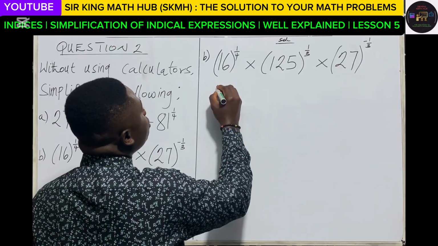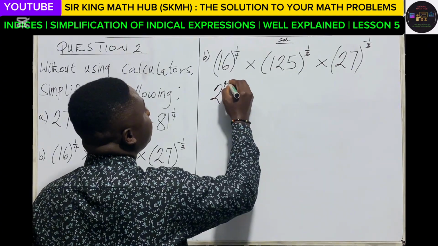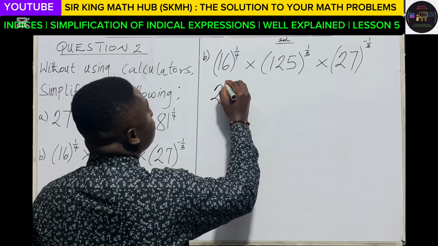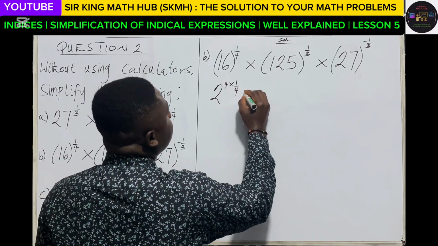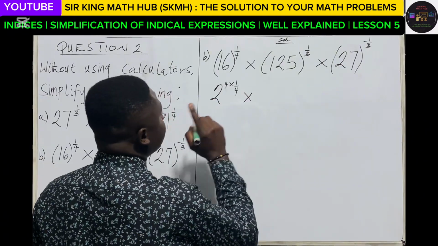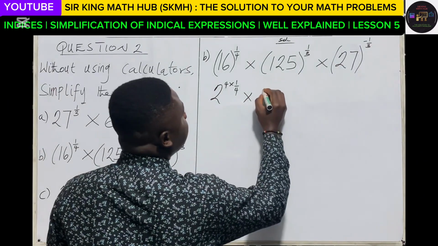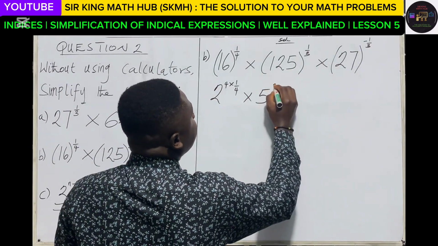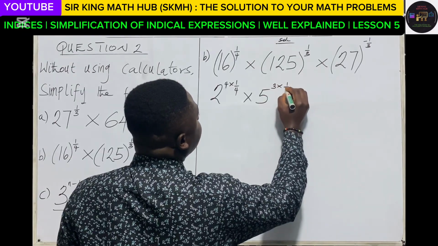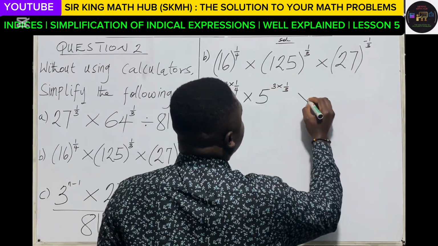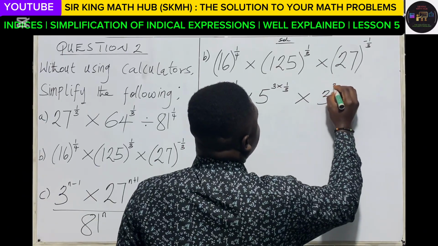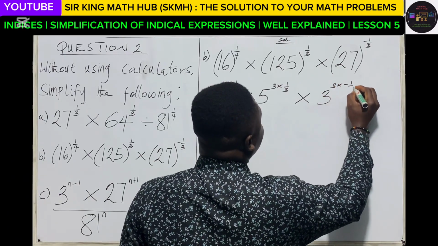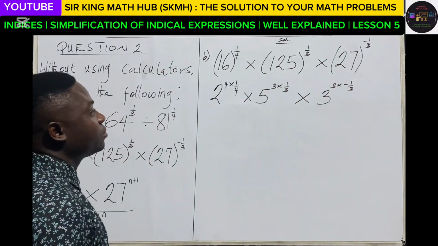That is 2 exponent 4 multiplying 1 out of 4, and then 125, that is 5 exponent 3 multiplying 1 out of 3, and multiplying 27, so that is 3 exponent 3 multiplying negative 1 out of 3.